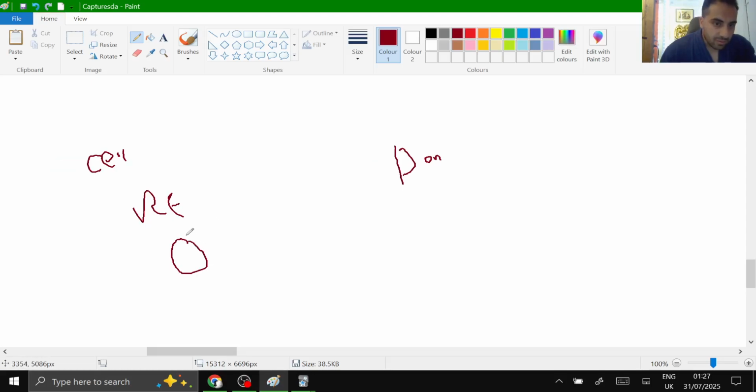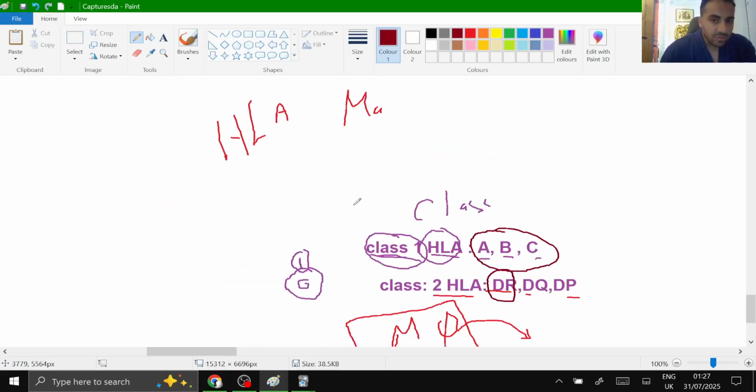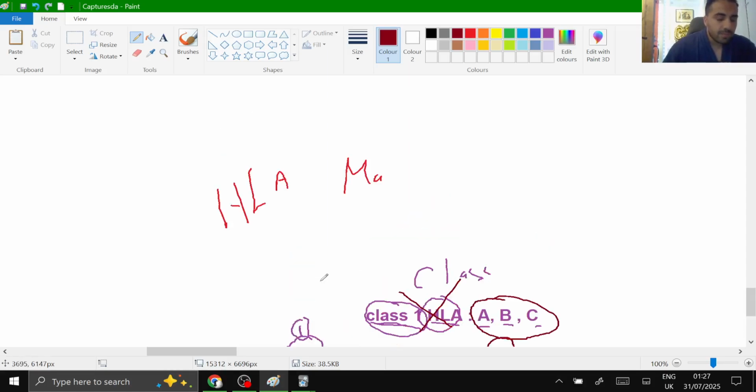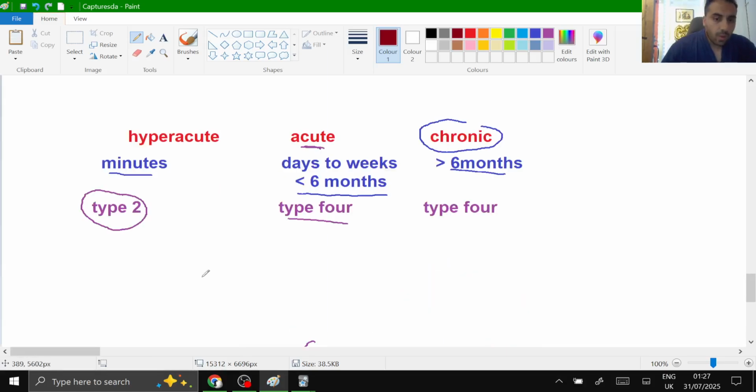So the protein on the surface of the cells of the recipient must match the protein on the surface of the cells of the donor. Otherwise, the immune system will say, this is a different protein, so I will attack these cells, and then rejection will happen. Why am I telling this?